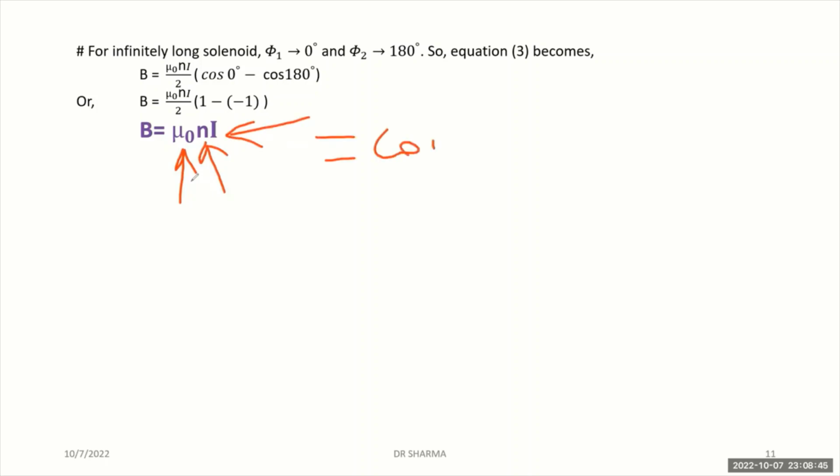So the magnetic field inside a long solenoid is constant. This has many applications.